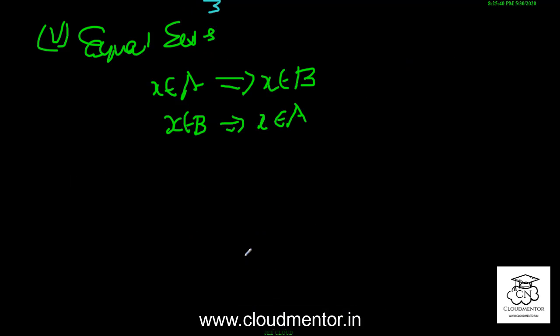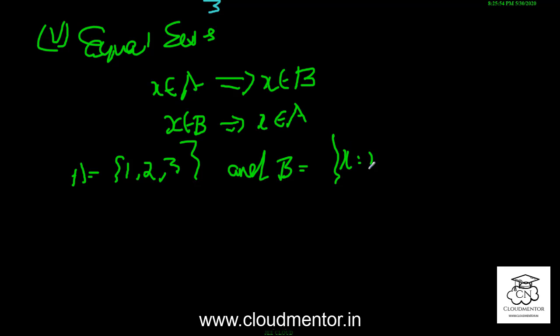And now, for example, A equal to the set {1, 2, 3} and B equal to the set of x such that x is an element of N and x is less than or equal to 3.